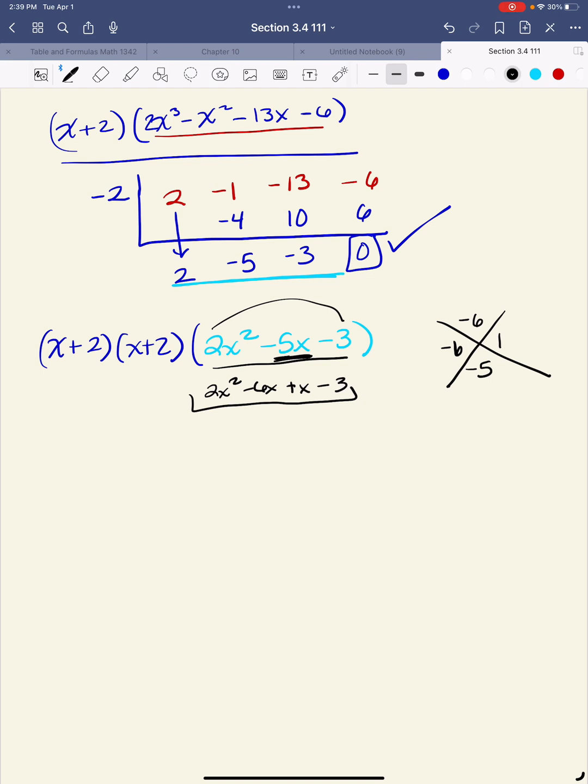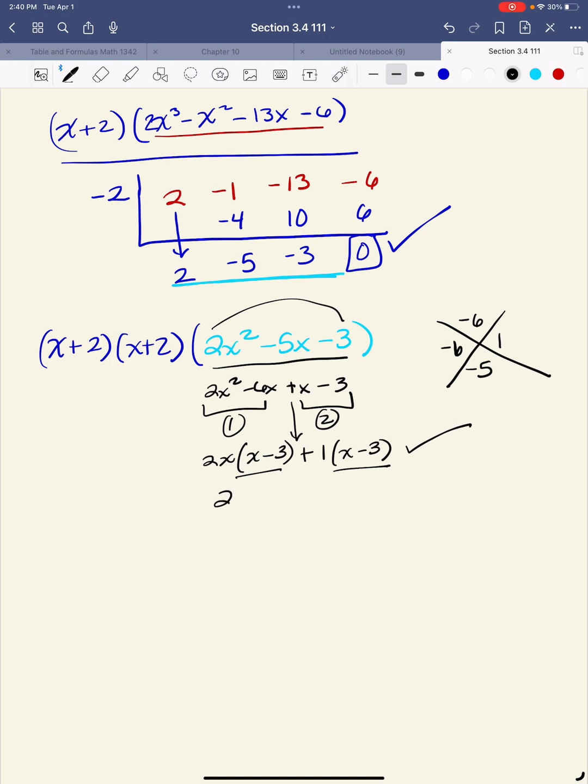And now I have to do what's called factor by grouping. So in group 1, what's common is a 2x. I'm left with x minus 3. Bring down the sign. What's common in x minus 3 is just a 1. So I'm left with an x minus 3. We see that these match, so we know we factored correctly, and we now have 2x plus 1 times x minus 3.